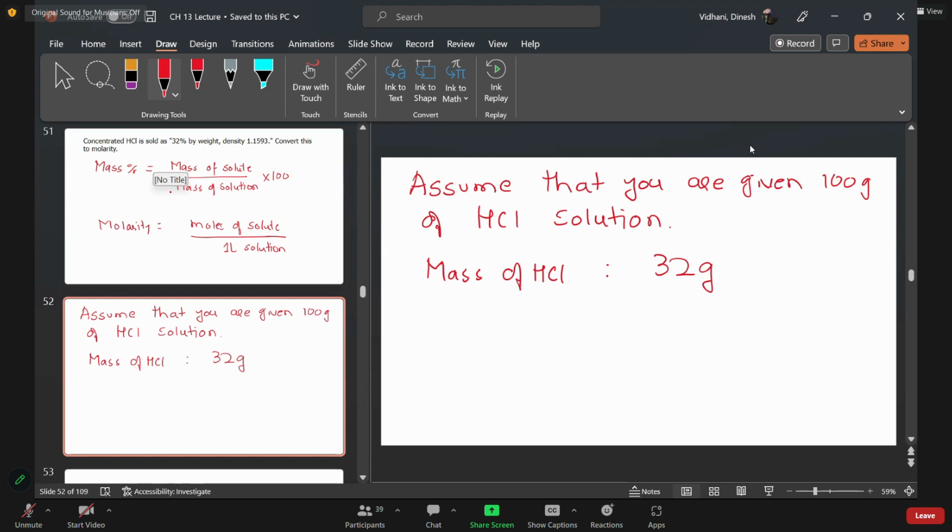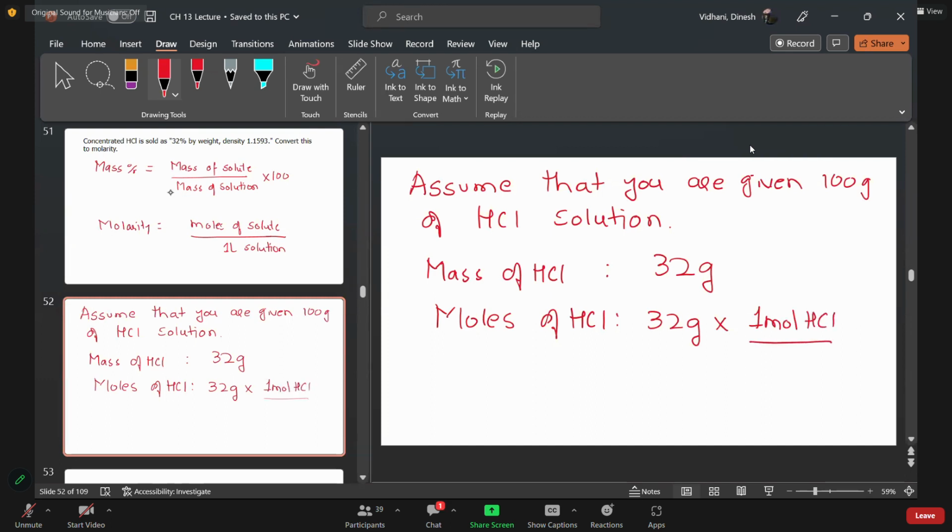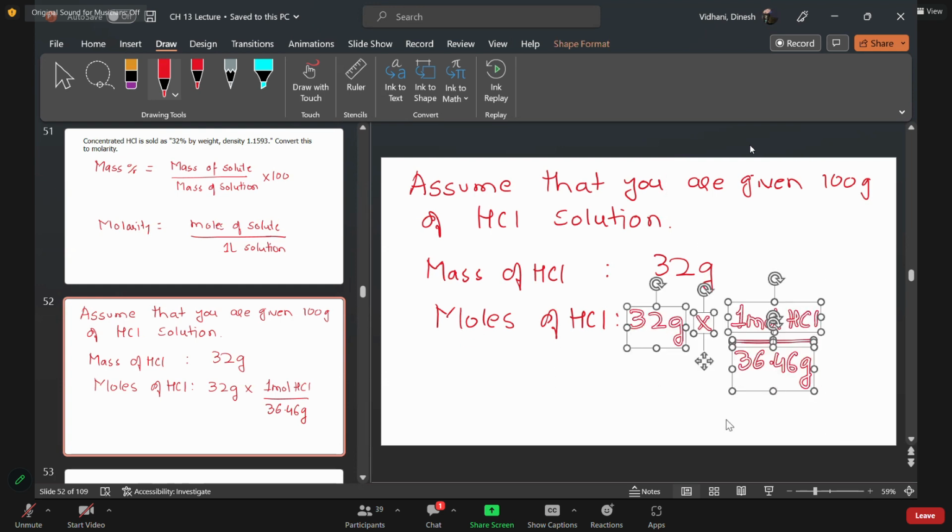Now, I need to convert my mass of HCl into moles of HCl. What is the molar mass of HCl, guys? Anyone? I need a conversion factor here. The molar mass of HCl, let's see, 36.46, that's right. 36.46 grams is the mass of hydrochloric acid, that's per mole.